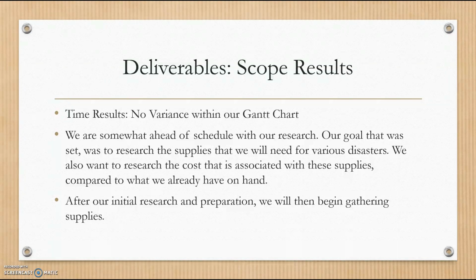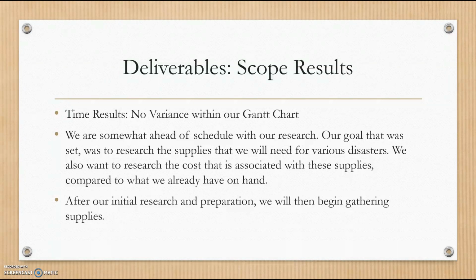We also want to research the cost that is associated with these supplies and compare that to what we already have on hand. Because for our project, a lot of the common household items that we already have on hand, such as first aid supplies and hygienic products, a lot of those can be spared and set aside, so they basically become an additional resource that we already have on hand.